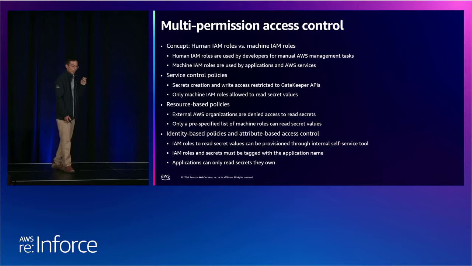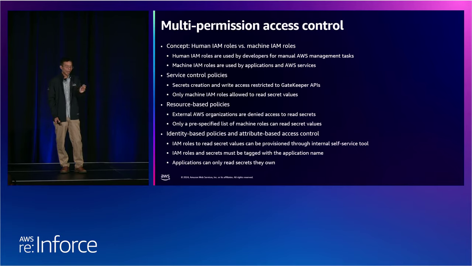So next, we're going to talk about multi-permission access control. And one concept I want to call out is specific to Capital One. We define a human IAM role and machine IAM role. We categorize every IAM role using a name pattern.